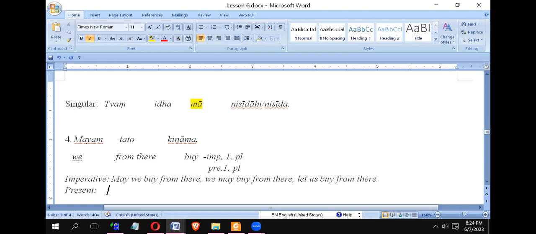We buy from there. And we are buying from there. Another way is we do buy from there. Okay, good.